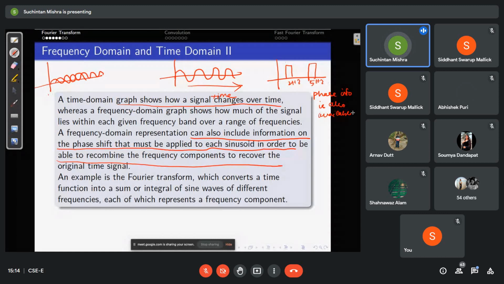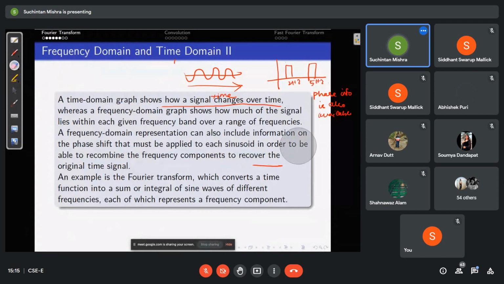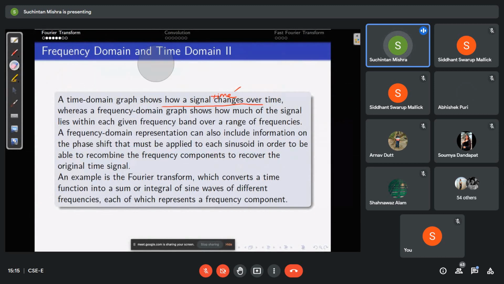Now, why are we going to study the frequency domain and time domain? We were studying the concept of Fourier transform. In simple words, Fourier transform converts a signal in time domain to its frequency domain.